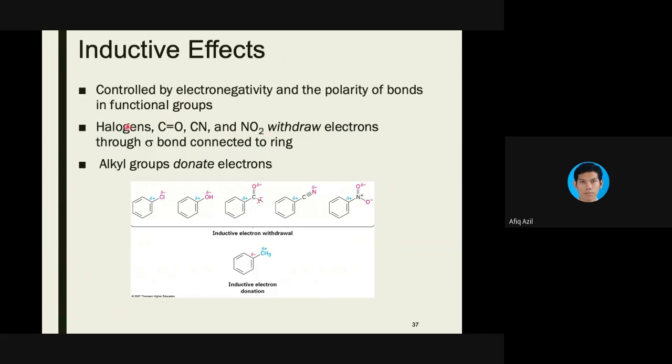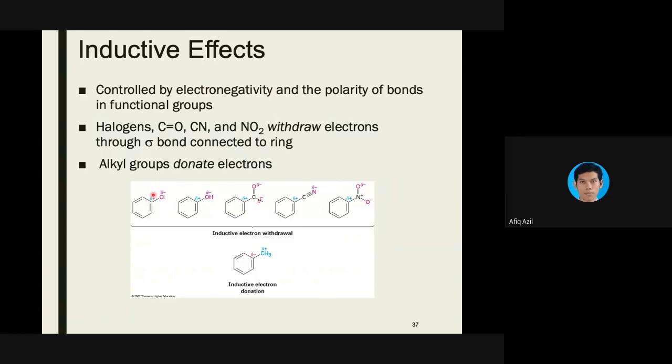So for example, halogen, carbonyl, cyano group and also nitro group will withdraw electrons through the sigma bond connected to the ring. How? For example, here we look at this chlorine and carbon. Between chlorine and carbon, chlorine will be more electronegative, refer to the Pauling scale.